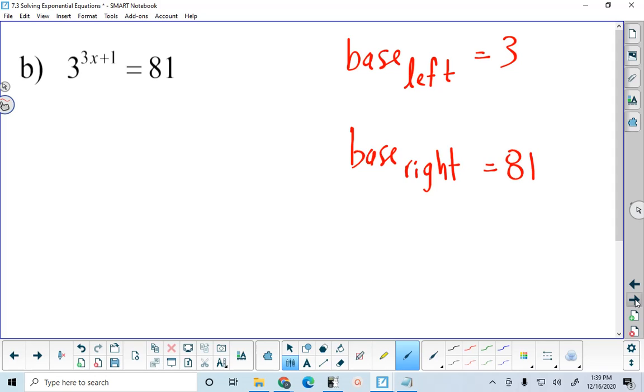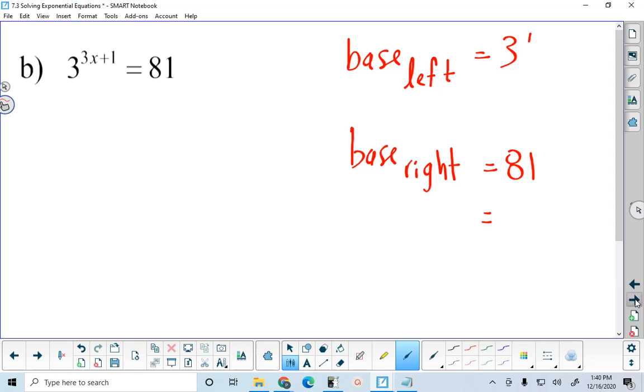So we want to write both of these using the same base. So for example, maybe, it's not the case, but I'm just explaining to you the thought process. Maybe 3 can be written as 2 raised to an exponent, and 81 can also be written as 2 raised to an exponent. If we could do that, then they would both be in base 2. Well, 3 cannot be written as 2 raised to an exponent because 3 is a prime number. The fact of the matter is 3 is 3 to the 1.